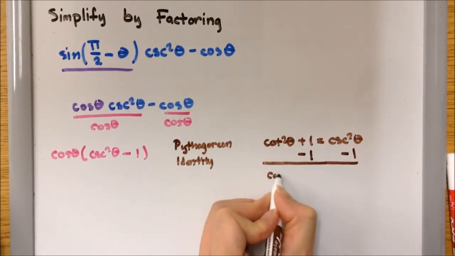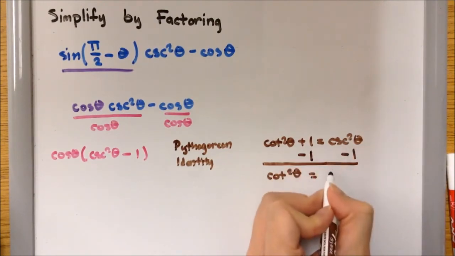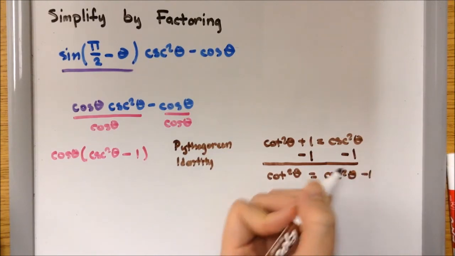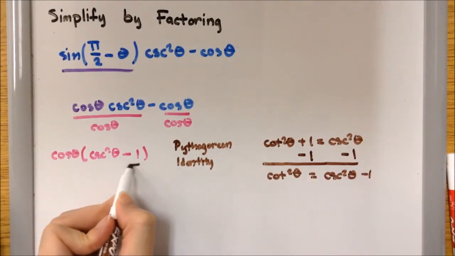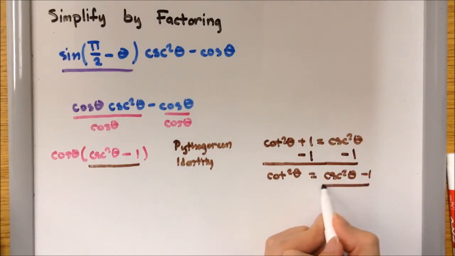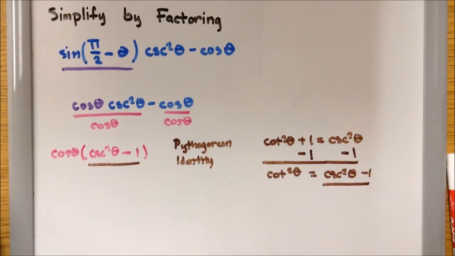So it will be cotangent squared theta equals cosecant squared theta minus 1. So cosecant squared theta minus 1 is the same thing over here. So it is equal to cotangent squared theta. So I'm going to switch cosecant squared theta minus 1 with cotangent squared theta.